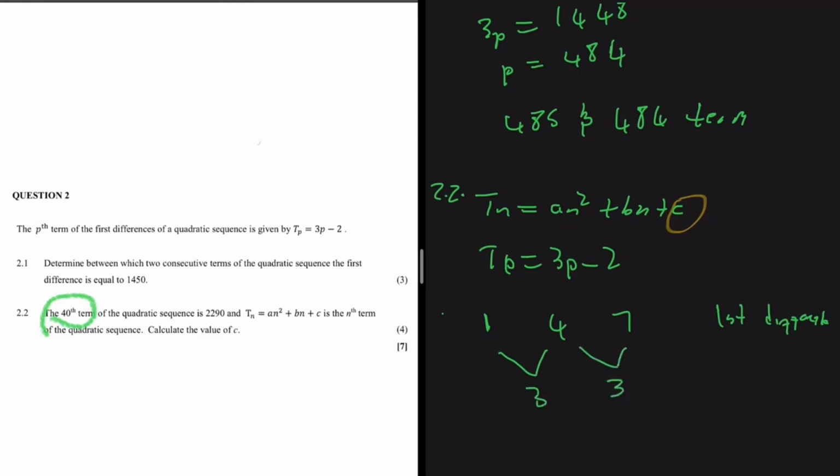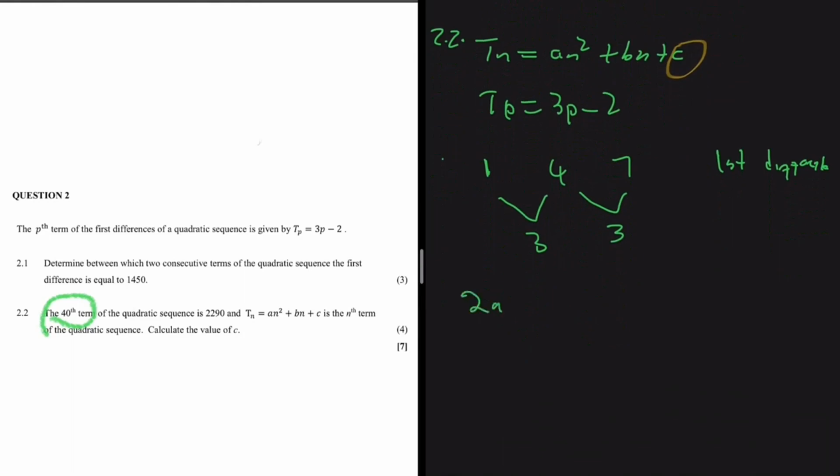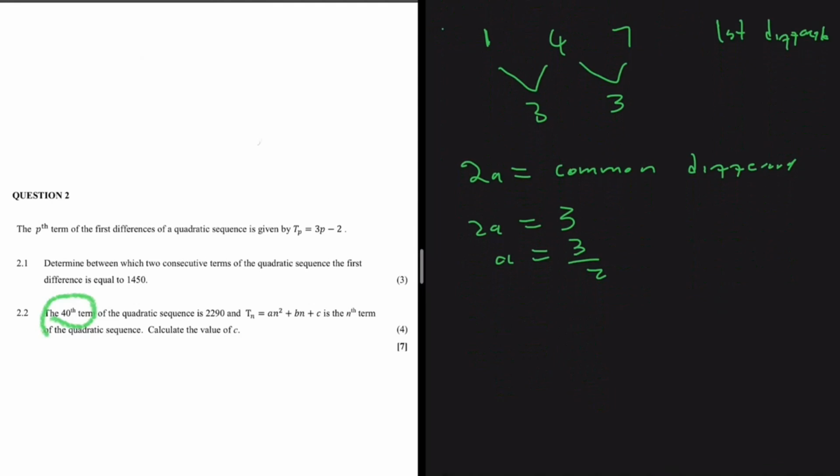And then we know fully well that 2a is equal to the common difference. So we're going to have 2a is equal to 3, so a is equal to 3 divided by 2. Right? Apart from that, we know that 3a plus b is equal to the first term of the first difference, right?